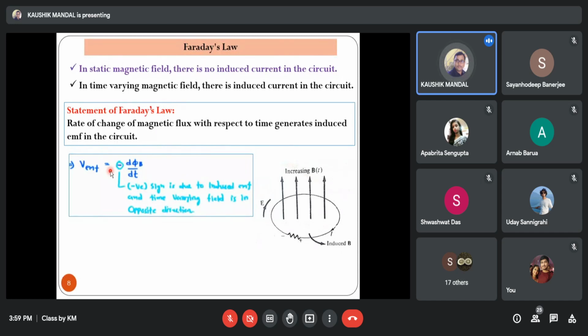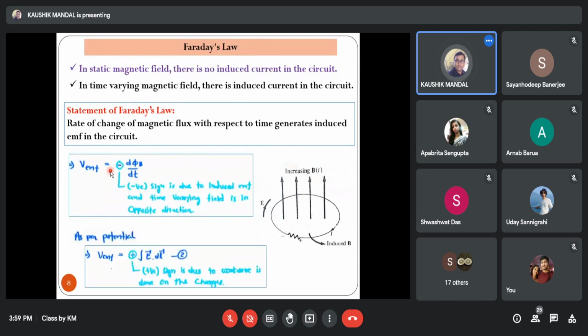Now, from the basic idea of potential, if we write the equation of V EMF as per our concept of potential, what is the equation of V EMF? V EMF will be the integration of E dot dl, that is known to us.